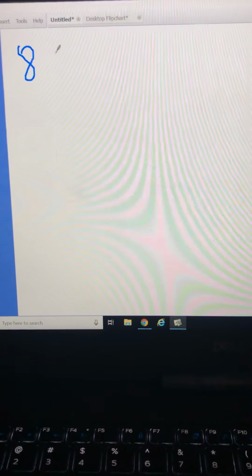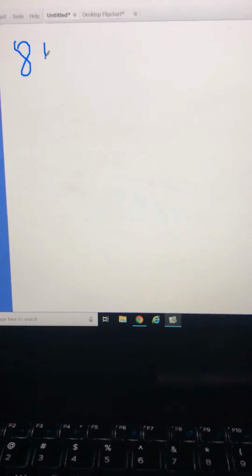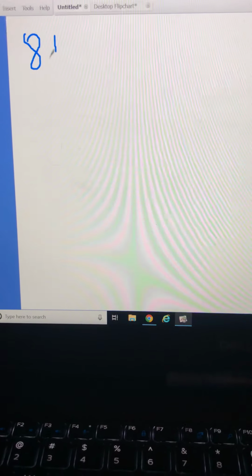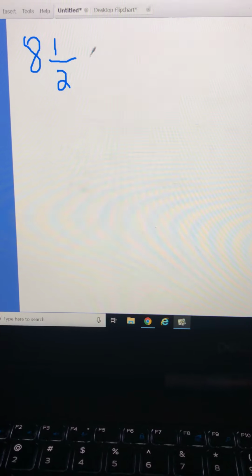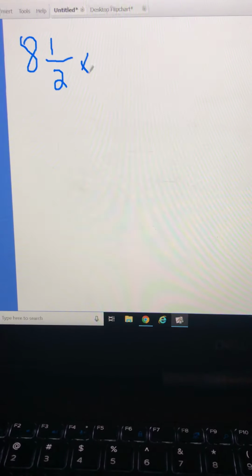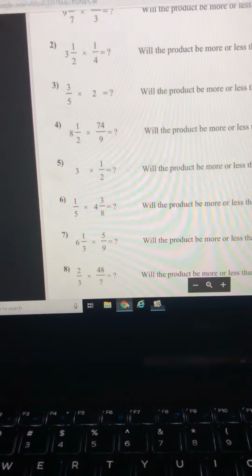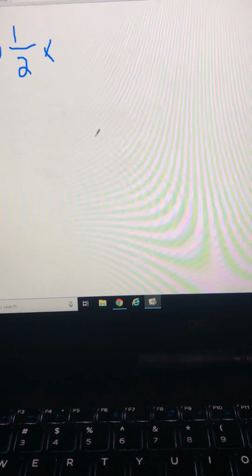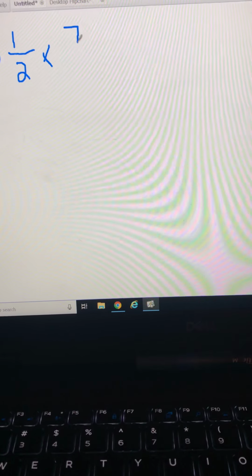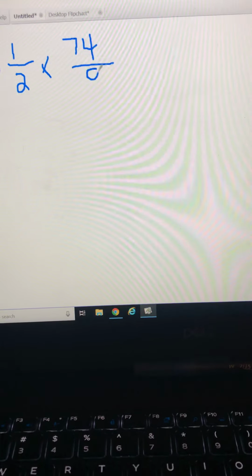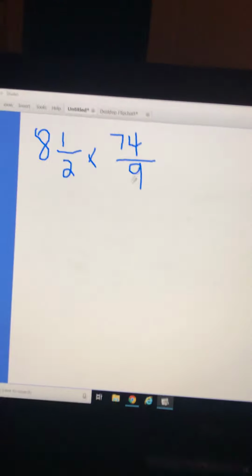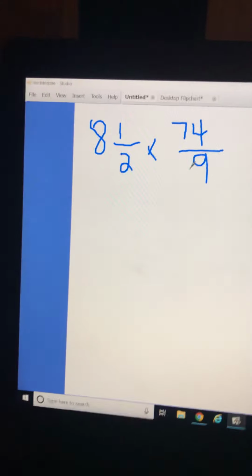All right, so the first number that we have is 8 1/2. Sorry, y'all. Times, let's look back real quick, 74/9. Okay, well, before I can start here, what do I have to do? I can't start multiplying yet because I've got mixed numbers involved.